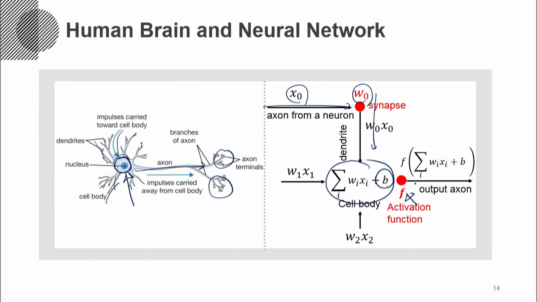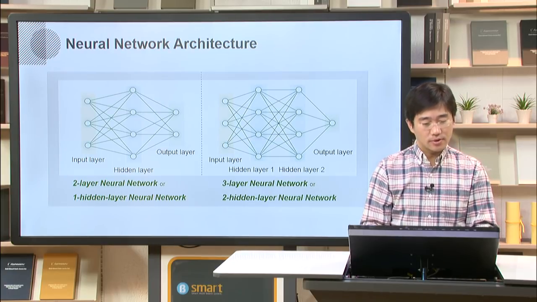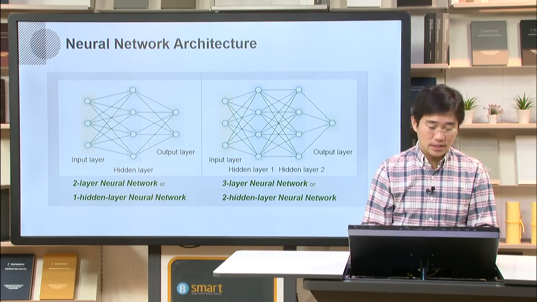This intermediate output is further transformed by our function f, which we call an activation function. Finally, this output is transferred to another layer. By connecting neurons with each other, we can construct this multi-layer neural network architecture.